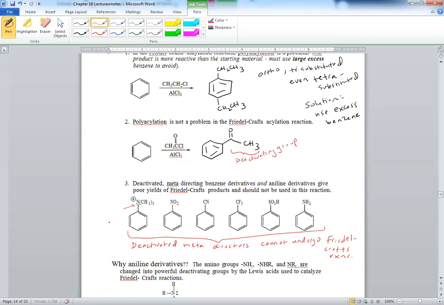So, all of these are deactivating groups, strongly deactivating groups.